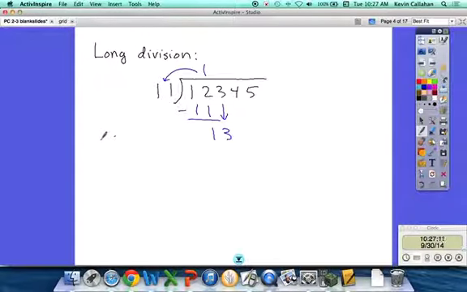Okay, now what? What should we do now? Bring down the negative 4. And then go through the same thought process. What would you multiply times x to get 2x? Plus 2. So 2x minus 4.